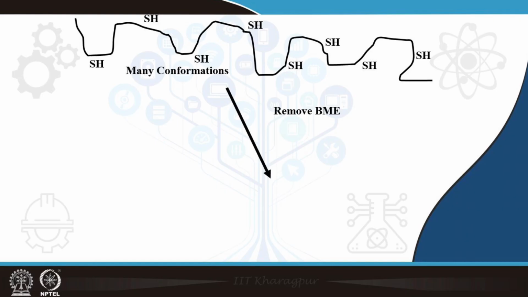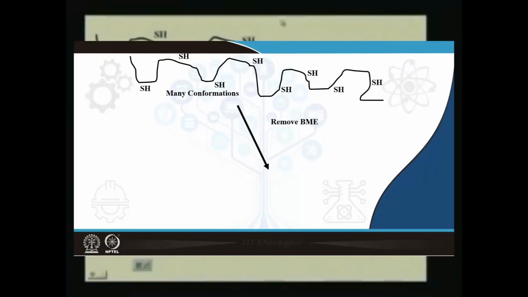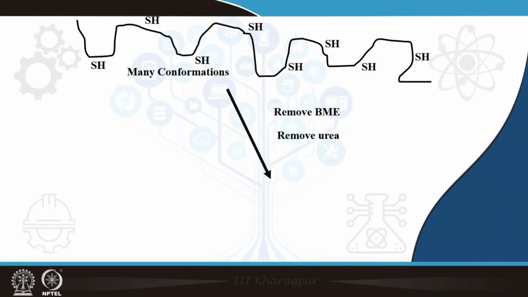Because we are now, instead of reducing it, we are oxidizing it. So, if we look at these SH linkages that can form, since there are many conformations possible, it might form any one. Then we remove urea. So, what am I doing? I am allowing the formation of SS linkages. I am allowing the protein to refold.